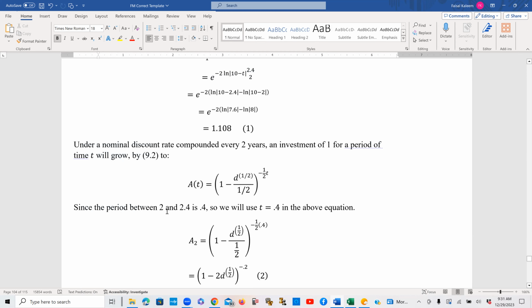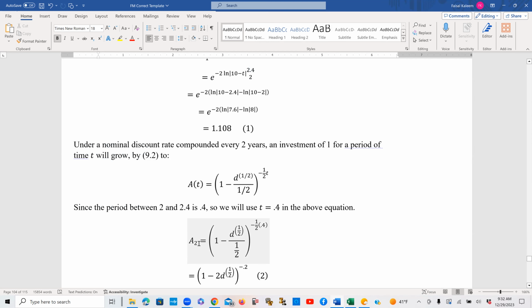Once again, the period of interest is between 2 and 2.4. That is a period of 0.4 years if we subtract 2 from 2.4. And in this formula, t is the duration. So the duration from 2 to 2.4 is 0.4. That's why t would be 0.4 in this case.